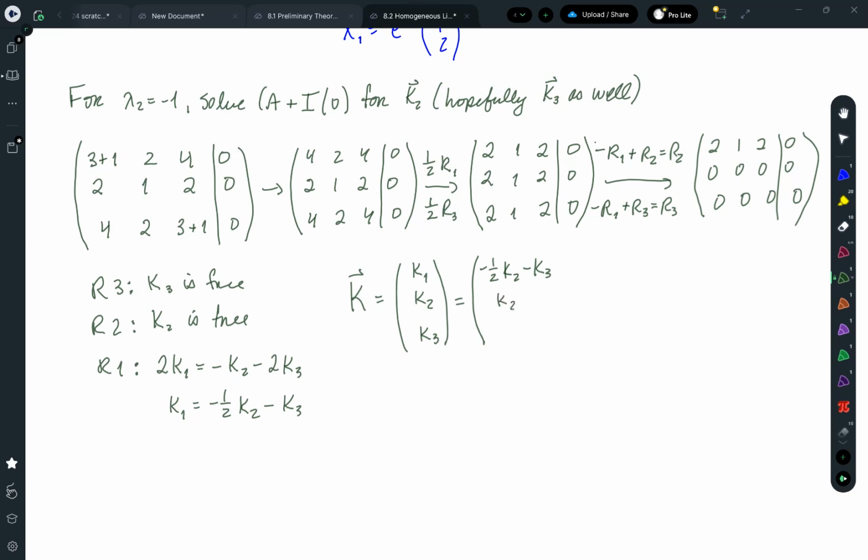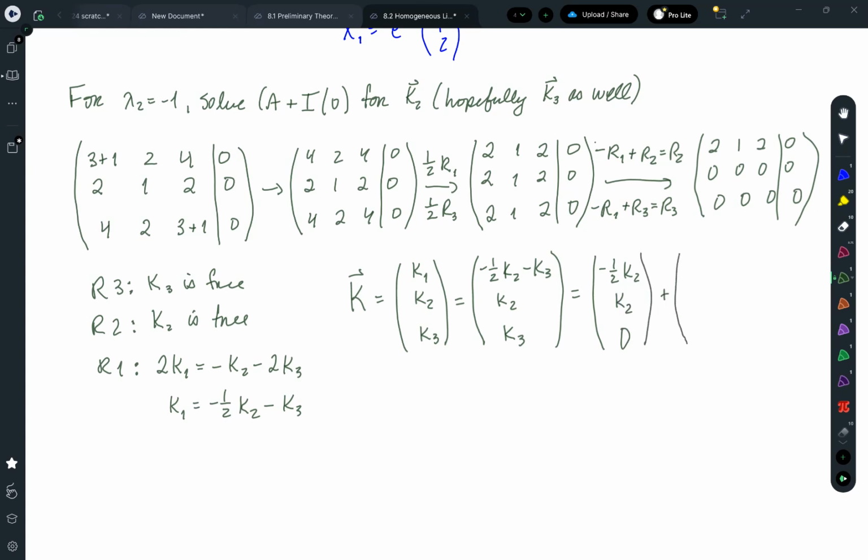K2 is just K2, and K3 is just K3. Now, here's where the magic happens. I'm going to break this up into a sum of vectors, where the first vector has all the K2s, and the second vector has all the K3s. So the first vector is a negative 1/2 K2, and then the second component is a K2. The third component has no K2, so it's a 0.